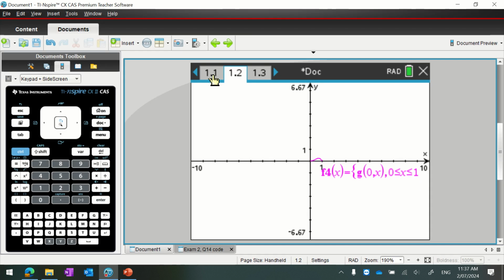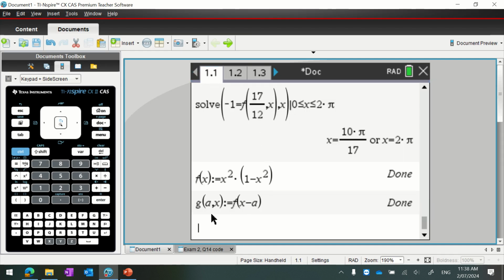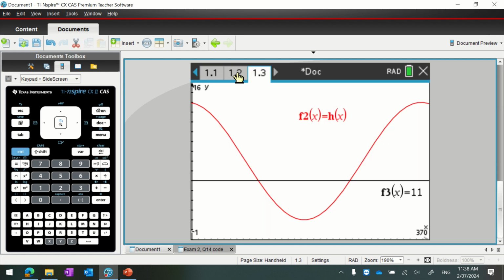Also, if I haven't told you this before, when you define a function, you should never put the domain in the definition. Please do not do this. The reason is that if you define the domain in the definition of the function, it makes the job much harder for the CAS.